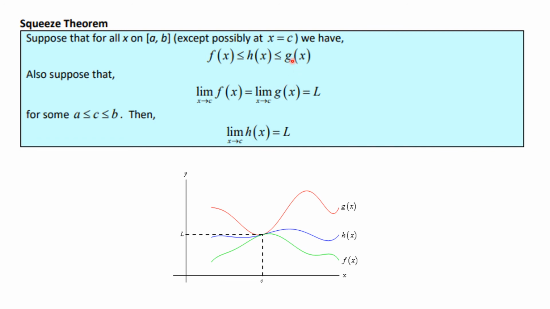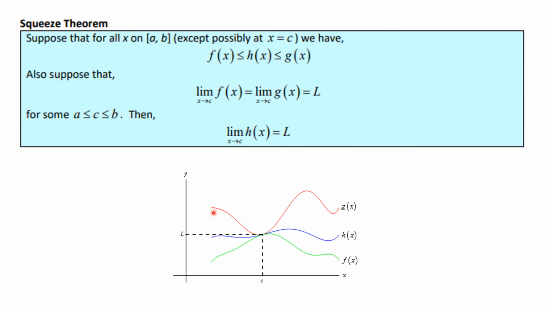Then two things happen. First of all, the limit as x tends to c of h of x has to exist. And moreover, it has to equal L.